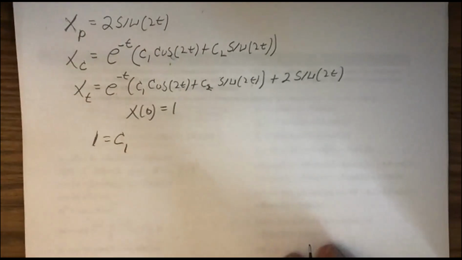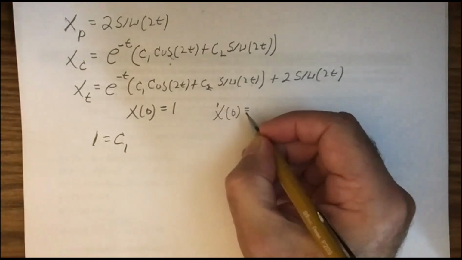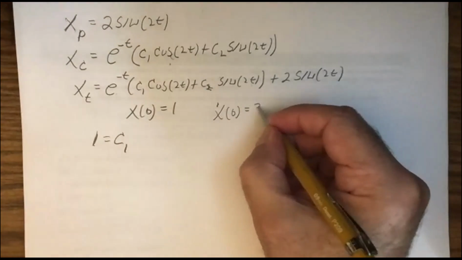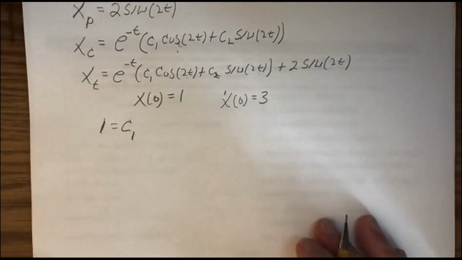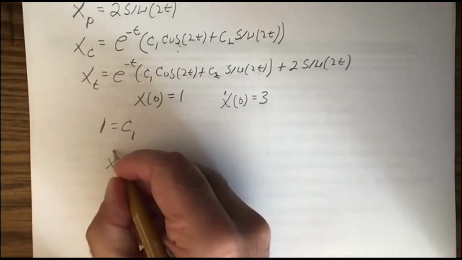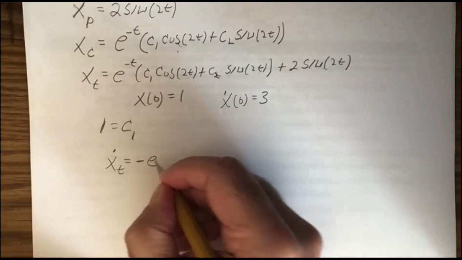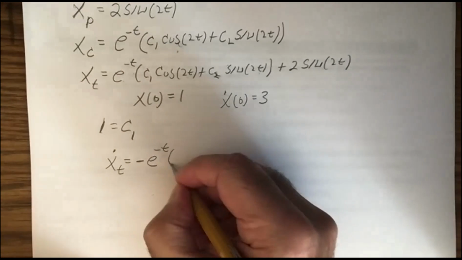Now, we're also told that x dot of 0 was equal to 3. This is why I think it's easier to write it like this, because we have to use the product rule here. So I'm going to take the derivative of this. So this is going to be e to the minus t, and I'm going to leave this alone.